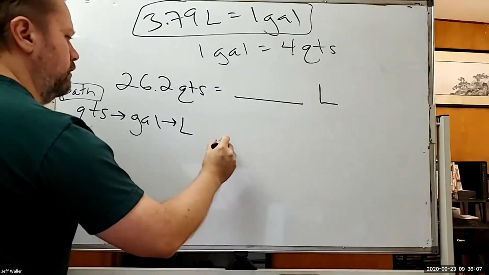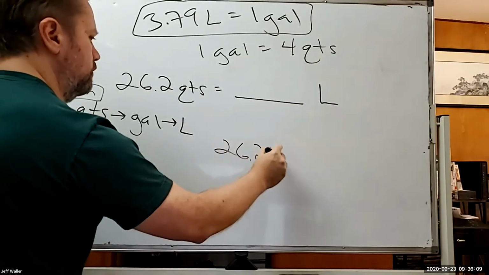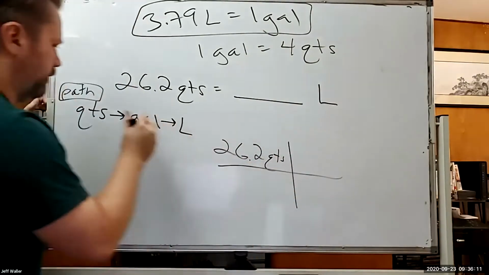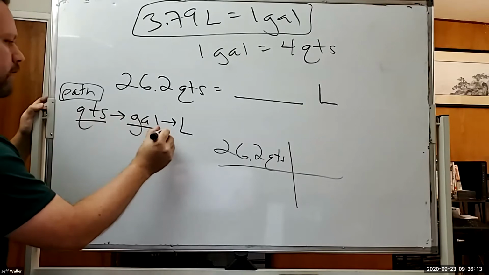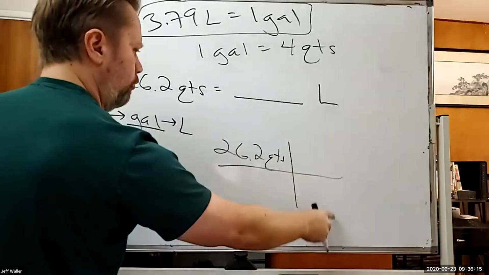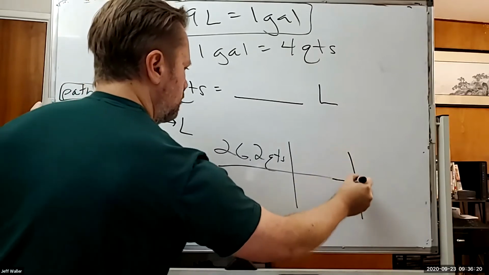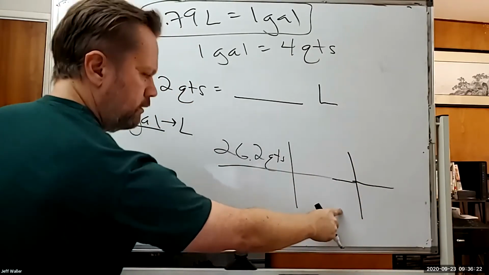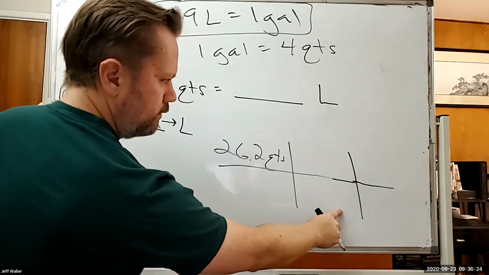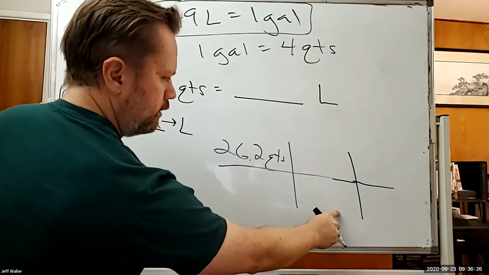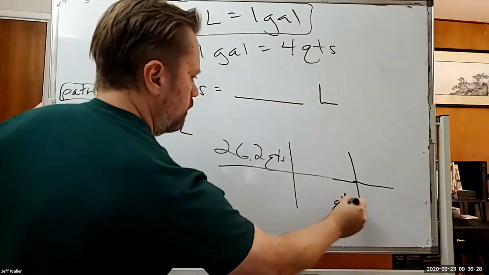So I've got 26.2 quarts. And now I want to go to gallons. So where am I going to put quarts? Where am I going to put gallons? Quarts on the bottom. Bam.